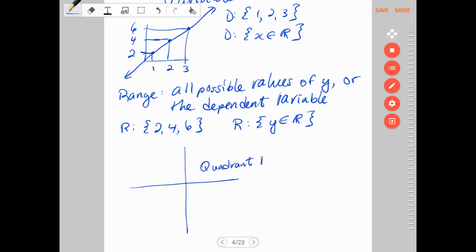So that would be quadrant 1. And we actually go counterclockwise around the circle to get the rest of them. So the next one is quadrant 2, so that's to the left. Quadrant 3. And quadrant 4 in your bottom right corner.